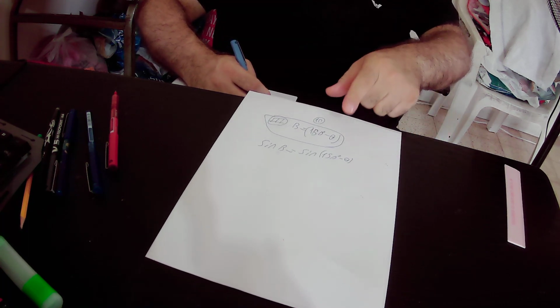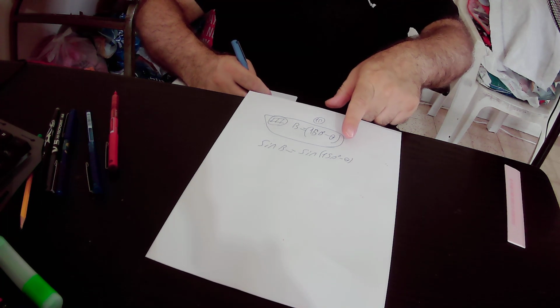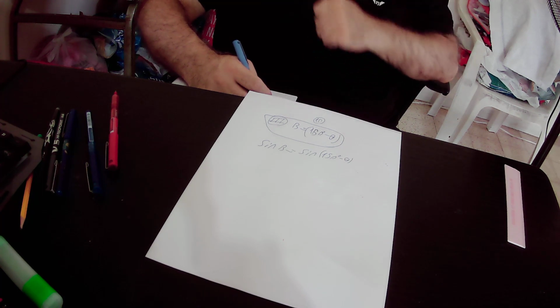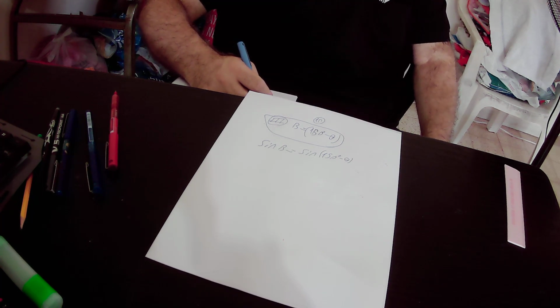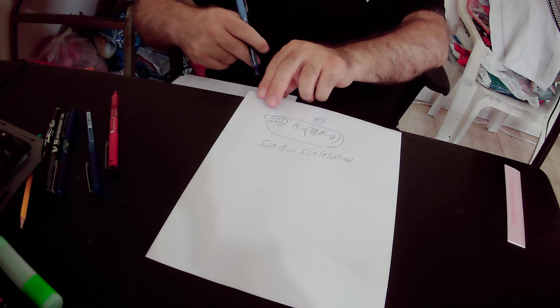Okay. In order to find out the value of sine of (150 degrees minus theta), we will use the second trigonometric identity for sine of (alpha minus beta).